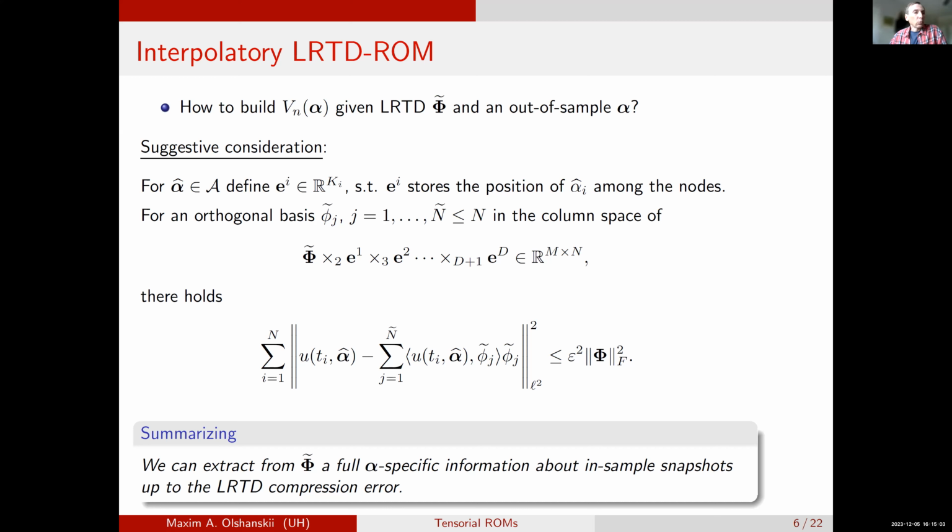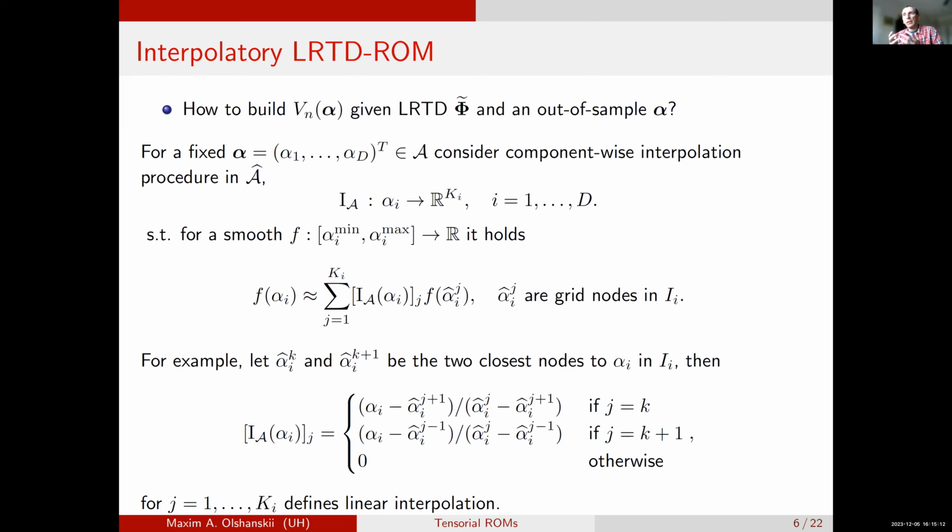And we now proceed with using this for any parameter from the parameter domain, not necessarily in sample. So how do we do this? We now assume alpha to be just any parameter from the parameter domain.